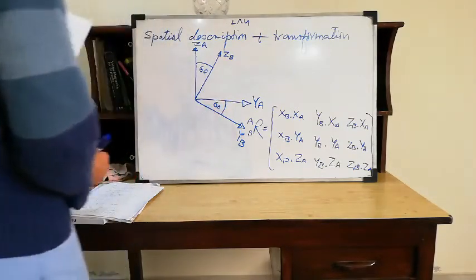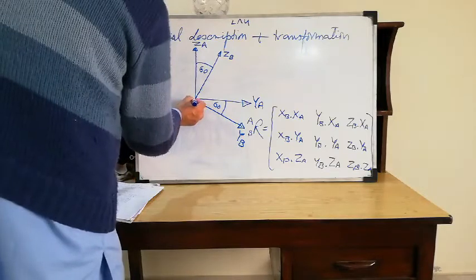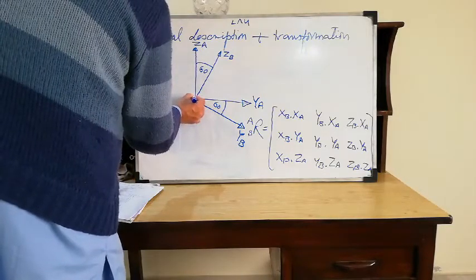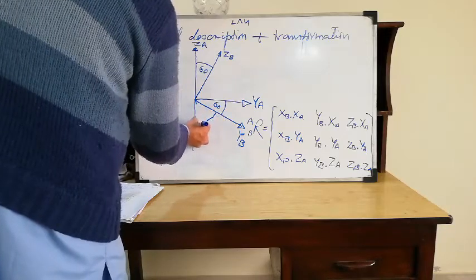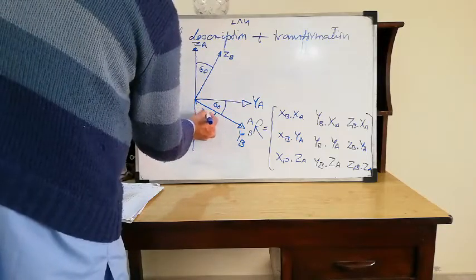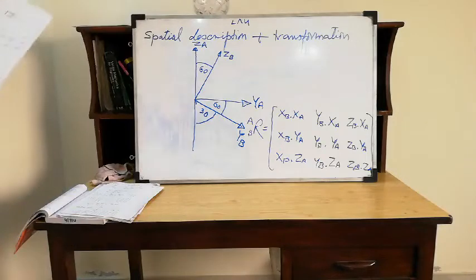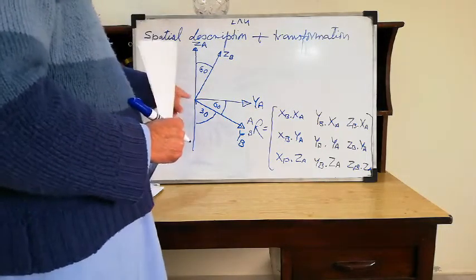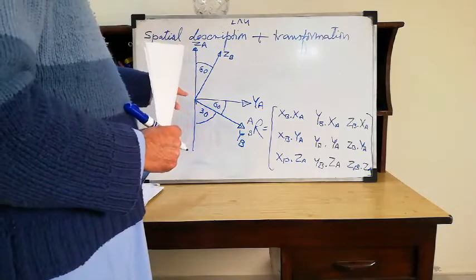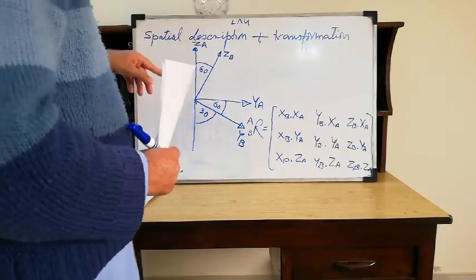I've drawn it little, so this is 60, then that angle must be 30 degree. So the rotation is about x-axis.